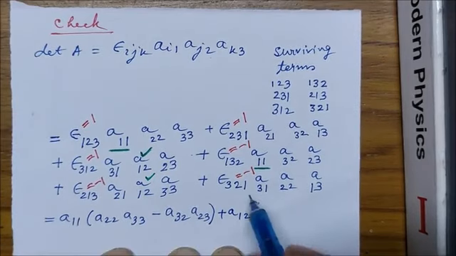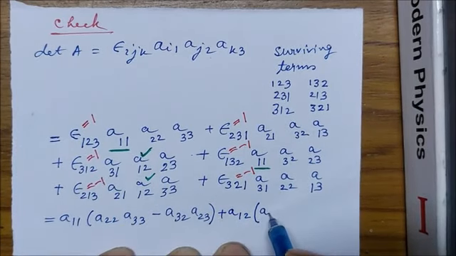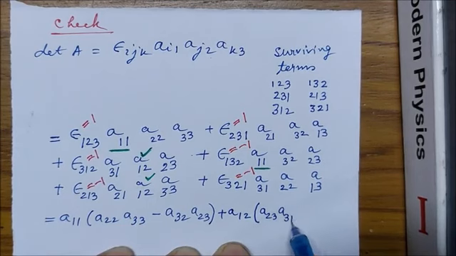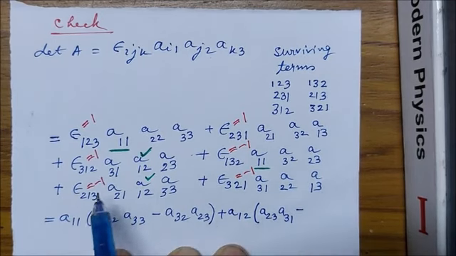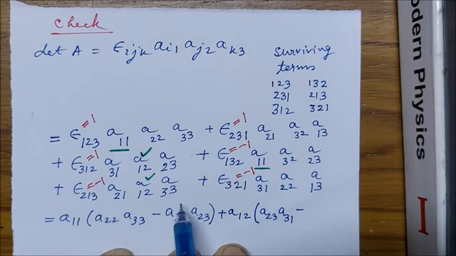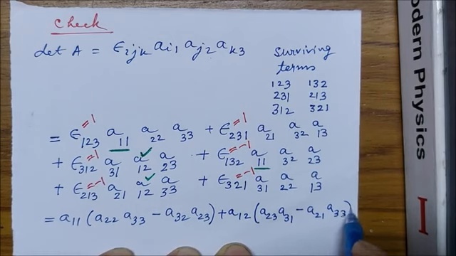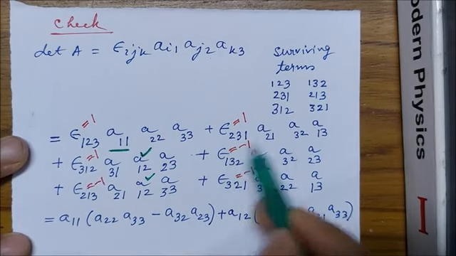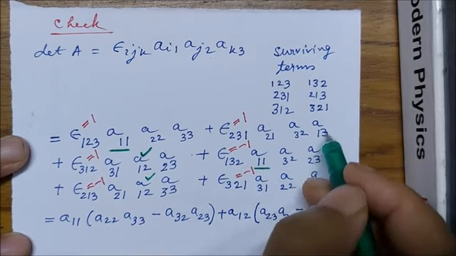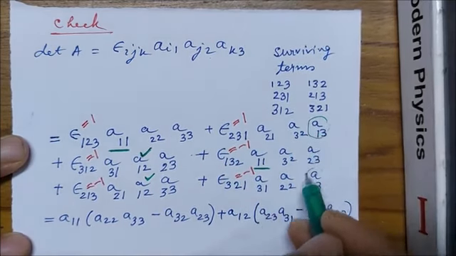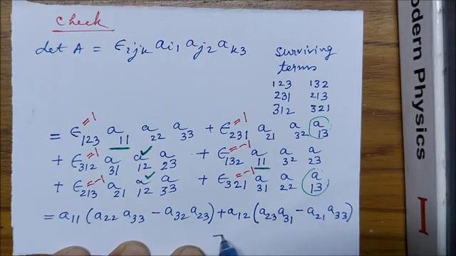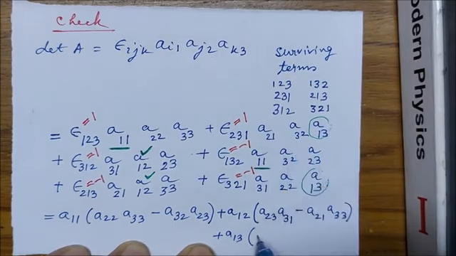So we are left with A23 A31 minus A21 A33, and the remaining terms are these 2 terms from which we can take A13 common, and therefore we have A21, A32 minus A31, A22.